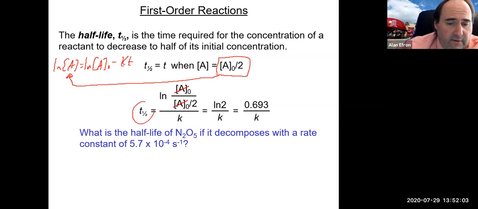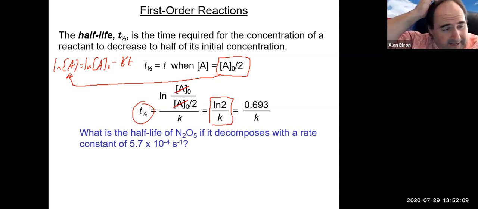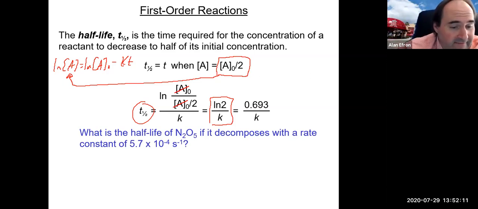And if you do all that rearranging, this is what you should end up with. So worst case scenario, you could derive the half-life equation by substituting in for the final concentration the initial divided by 2, and then solve for t. So that's one way you could do that.